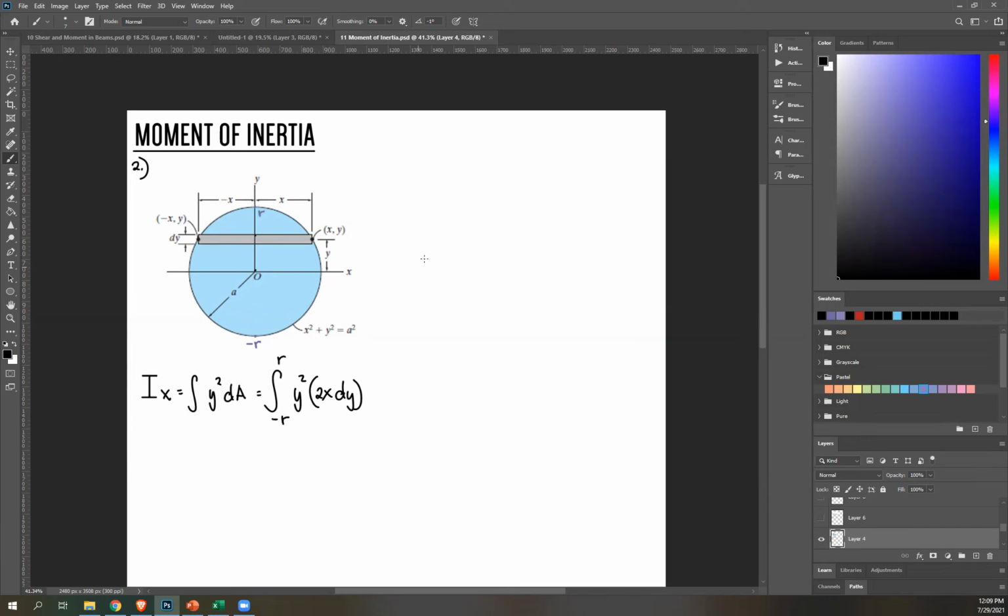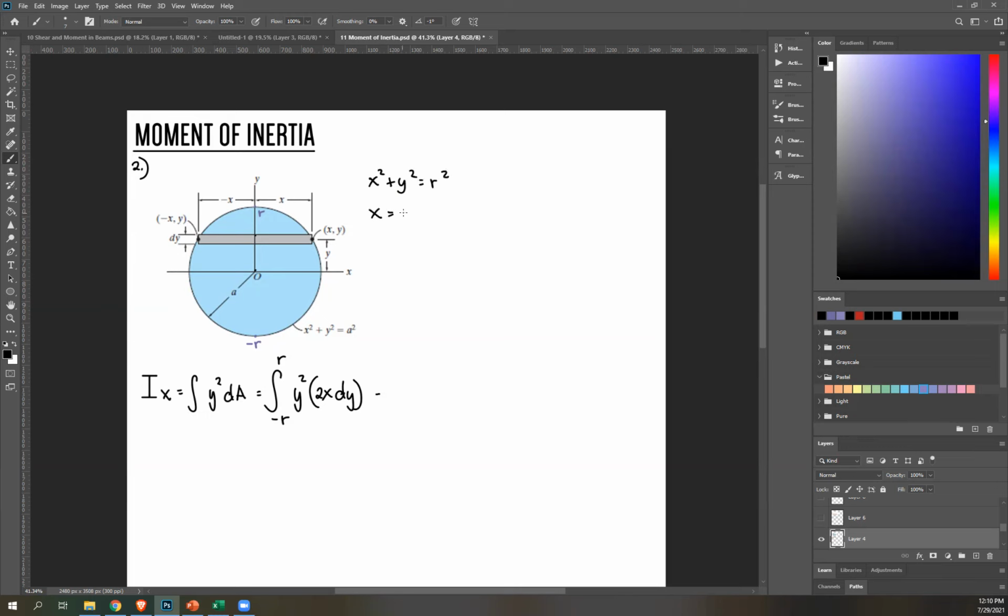Okay, next. Our variables should be in dy, right? This is where we'll base our variables on. I have an x here, so I need to rewrite x in terms of y. And to do that, again, recall this is just a circle, and we know the equation of a circle: x squared plus y squared equals r squared.